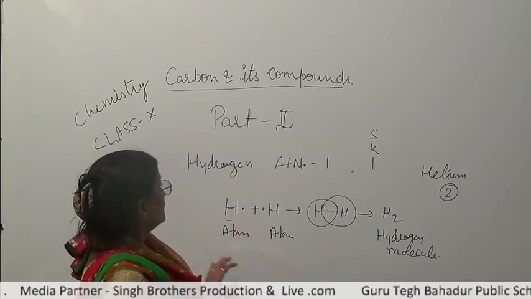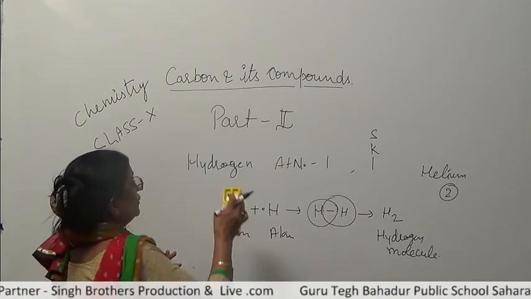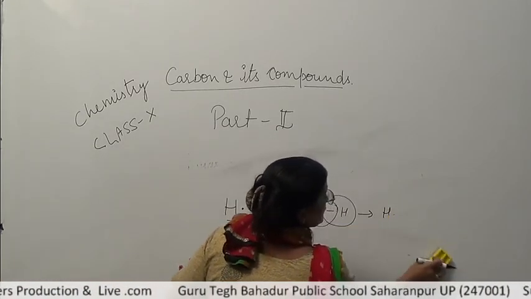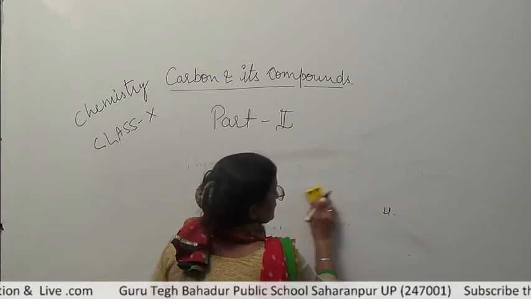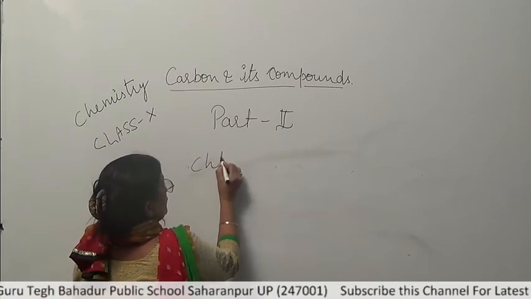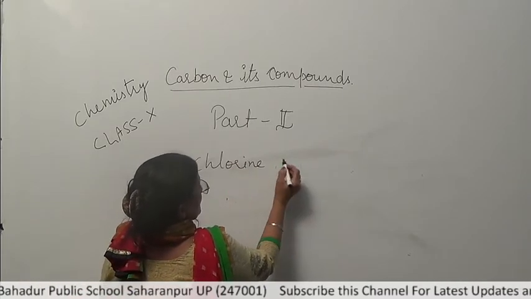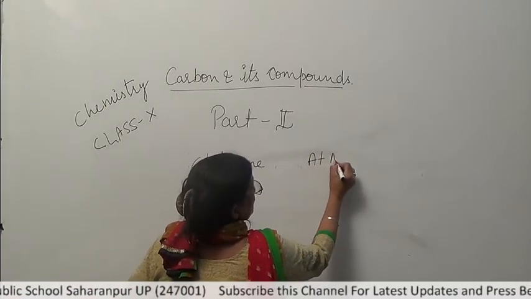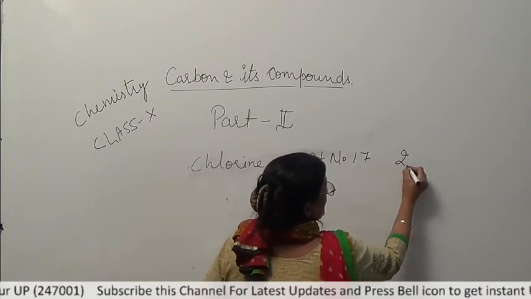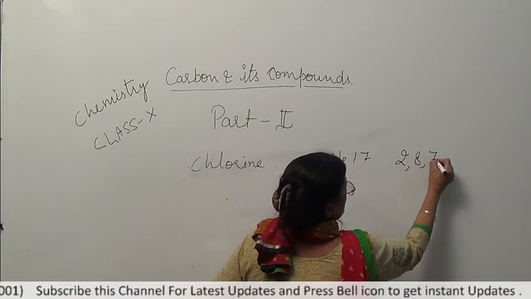Now if we take the example of chlorine. Chlorine, as we know, its atomic number is 17. So its electronic configuration is 2, 8 and 7.